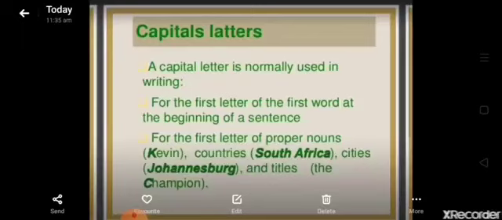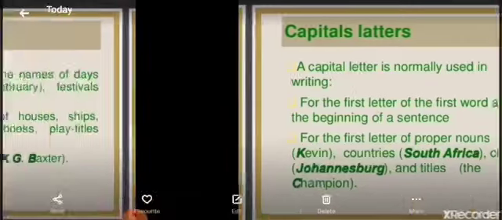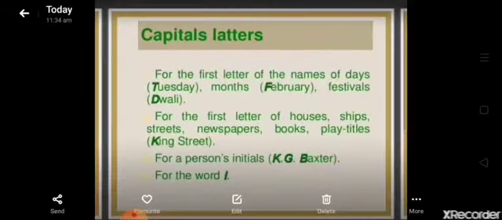For the first letter of proper nouns like Kevin, Ram, Rahul, Agra, Varanasi, and titles always start with capital letters. For the first letter of the names of the days, Tuesday, months, February, festivals, Diwali or Christmas, and for the first letter of houses, ships, streets, newspapers, books, play titles, always start with a capital letter.